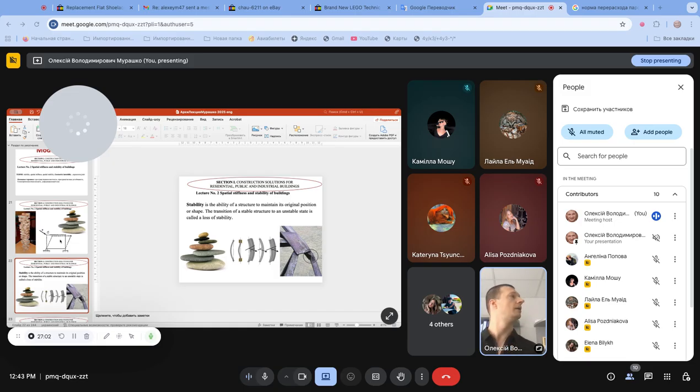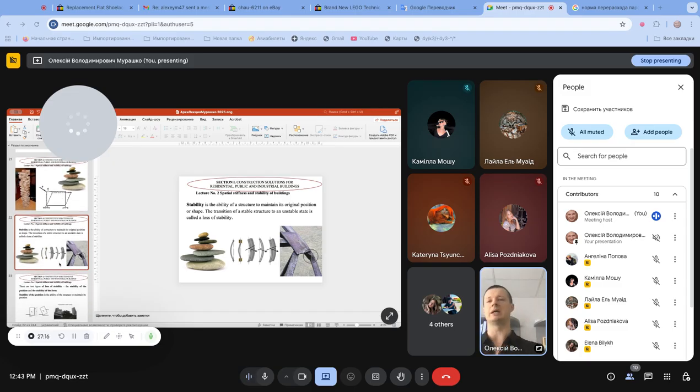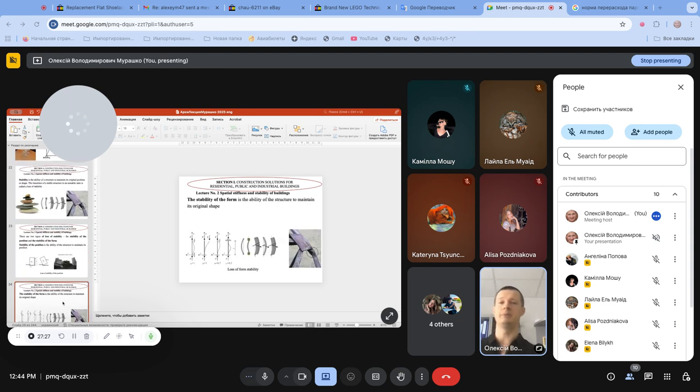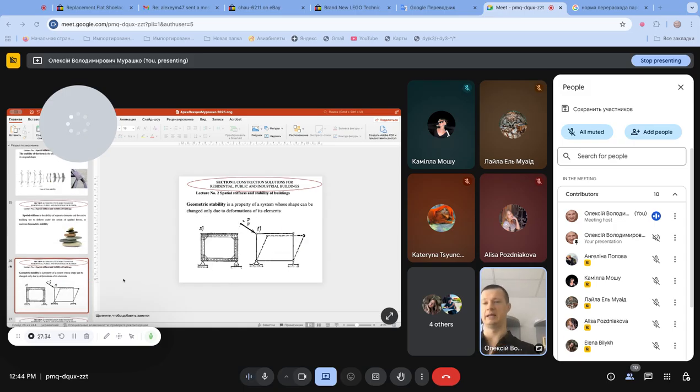It's to guarantee the stability of the building, the ability of the building to maintain its original position or shape. That makes us understand that we have two possible losses: loss of stability of position, and loss of stability of form. We have to provide both of them for the building we are designing.